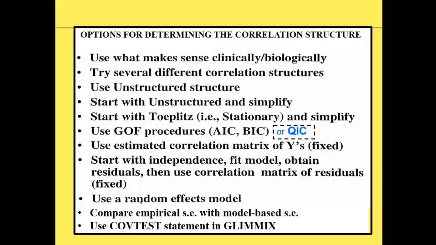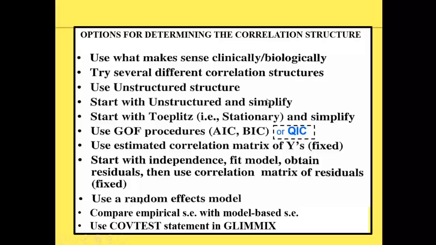The estimate will have all those correlations different. But maybe they're not all different, and maybe they all look the same. If they all look the same, you might say, hey, I could maybe argue that it should be exchangeable, even though I allowed for it not to be exchangeable. So that's another choice: start with unstructured and simplify. And there are others.